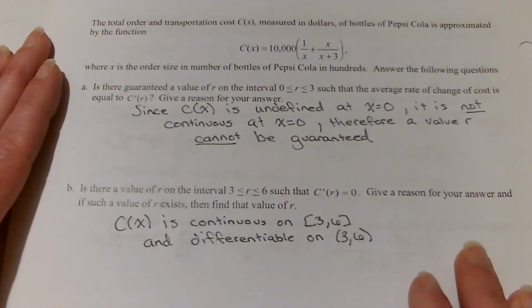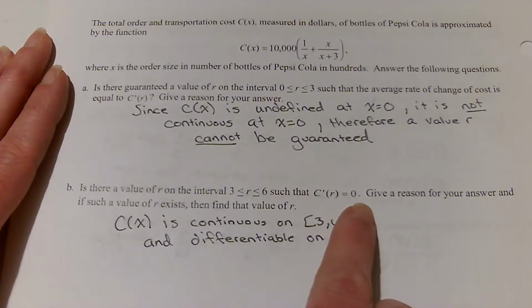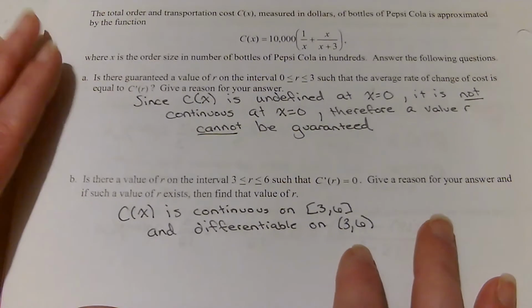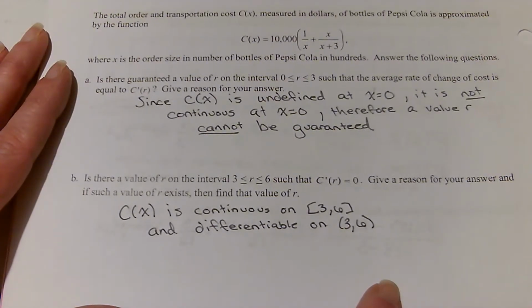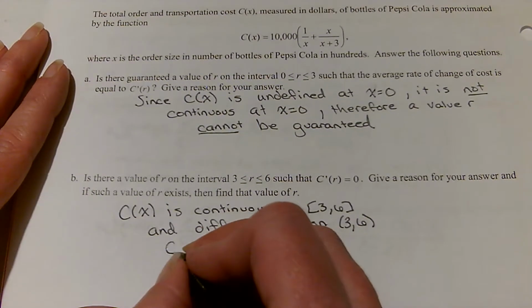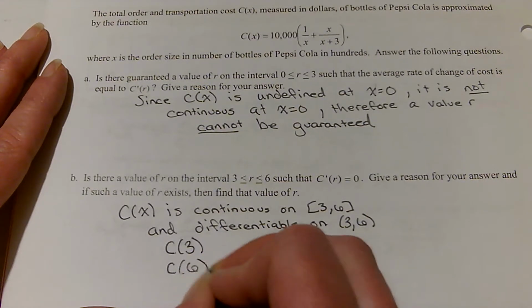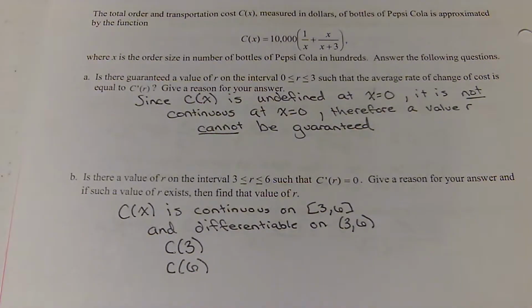The next thing we'd have to find, because it's asking to see if the instantaneous derivative is 0 somewhere, we need to see if C of 3 equals C of 6. So I would just go to my calculator and plug in 3 into that function for C and 6 and see if they're the same thing.